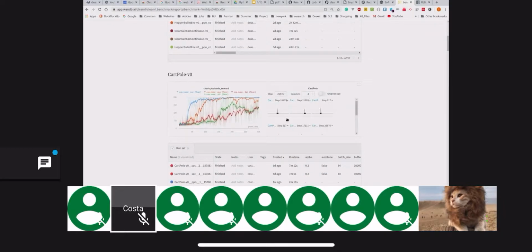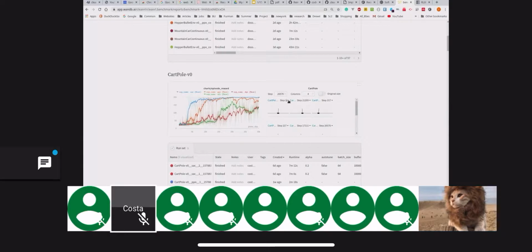But also, this is a new thing that we added. We use the gym monitor API to record the agent's behavior at each time step. Then you can click here, for example, to see what the agent is doing at step one. As you can see, the CartPole is really bad, it falls almost immediately.